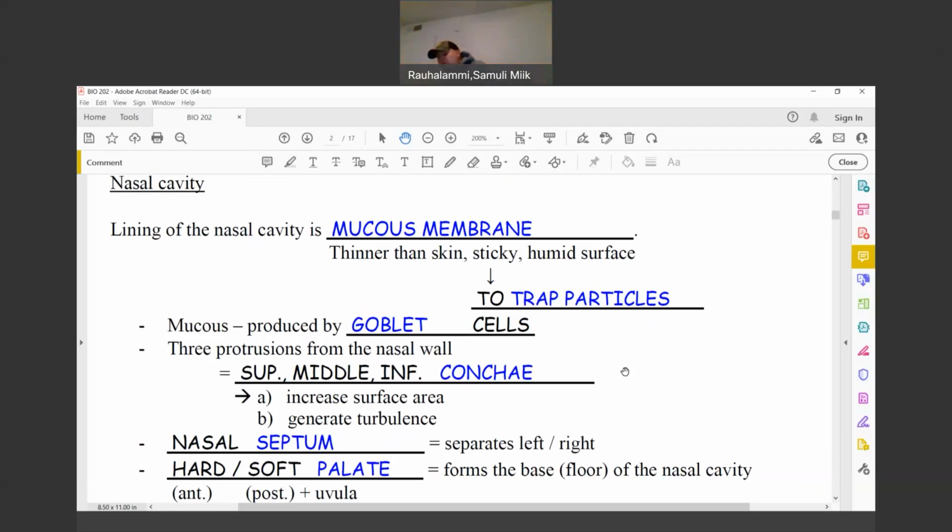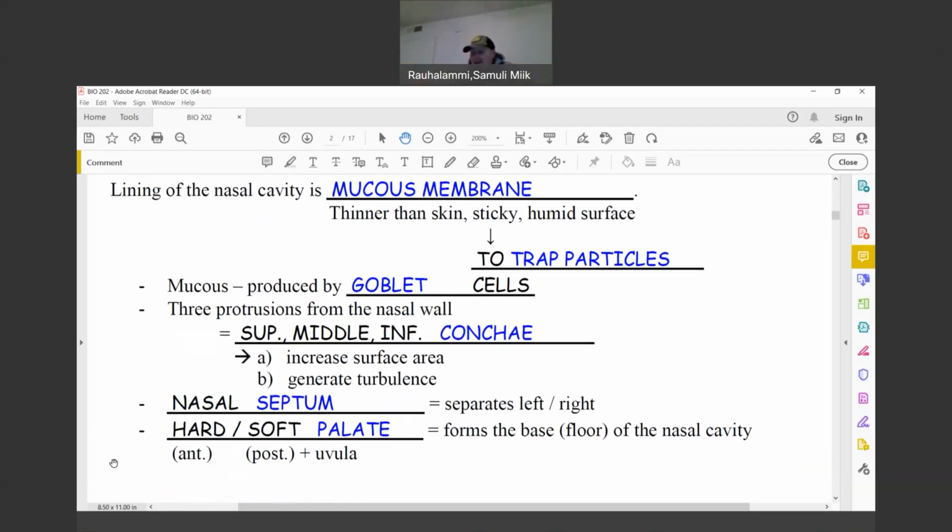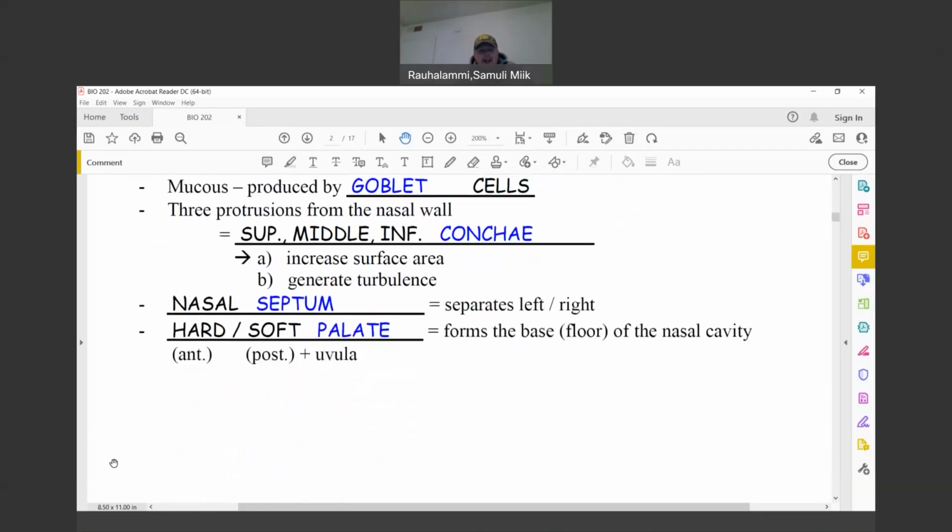And we're going to talk about the role of the uvula in greater detail when we talk about the digestive system. But at this point, those would be some of the good parts to know about the nasal cavity. Well, let's move on and have a look next at the paranasal sinuses.